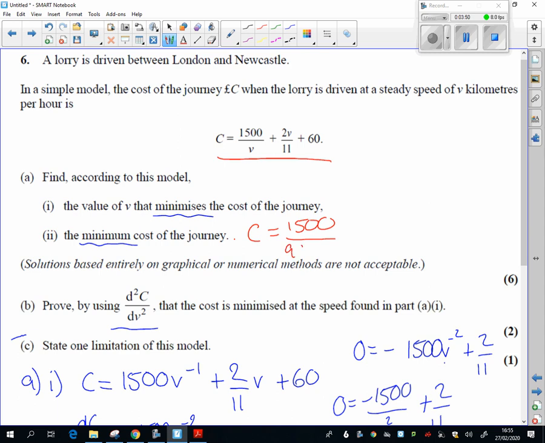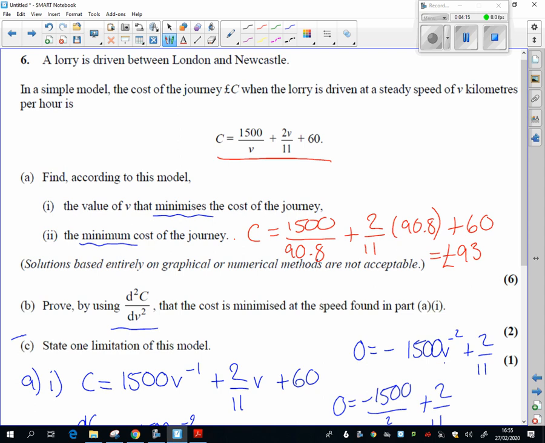I've calculated that v is 90.8, plus 2 over 11 times 90.8. So just never put stuff straight into your calculator, just in case something goes wrong. Get the working written down, and then any answer which rounds to £93 is acceptable there.